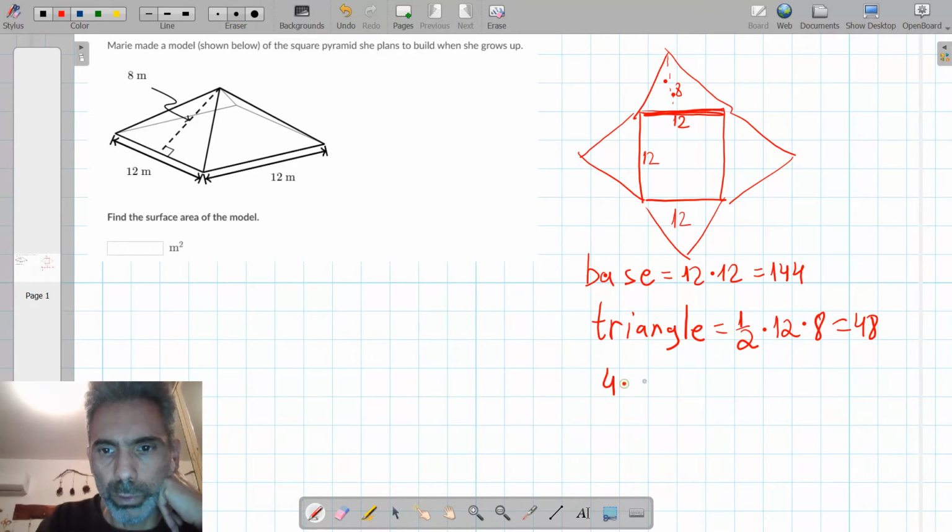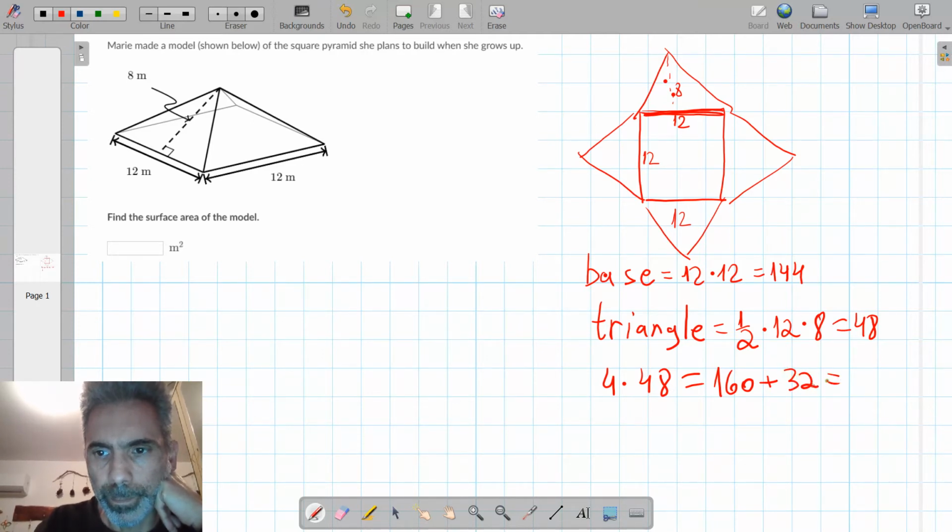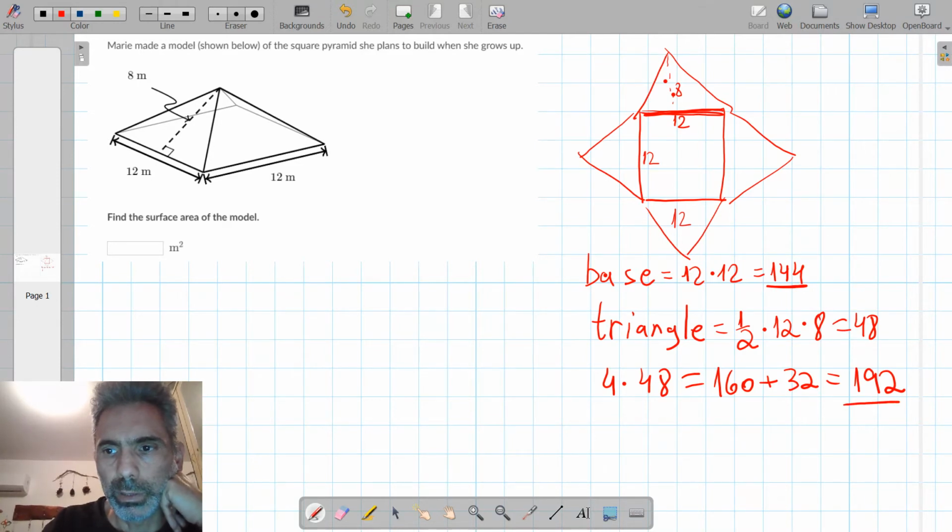And we have 4 of these triangles. 4 times 48: 4 times 40 is 160, plus 4 times 8 is 32. So together it is 192.